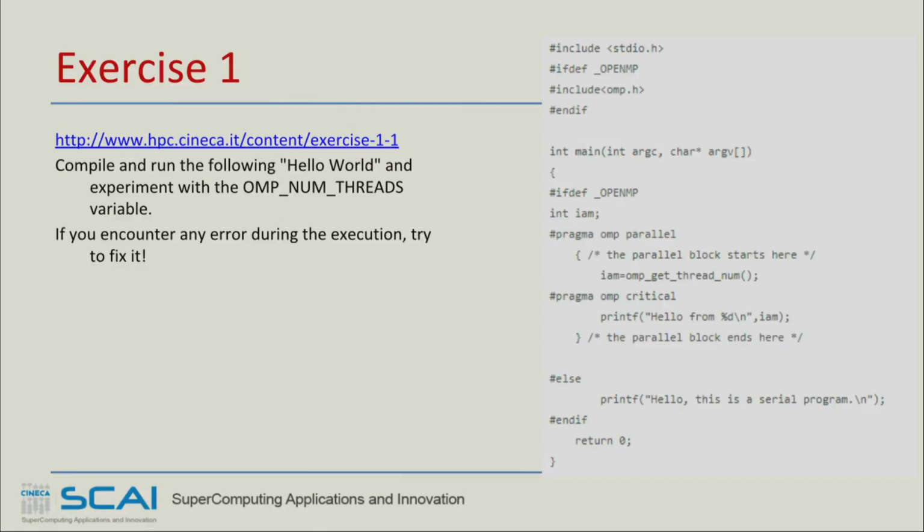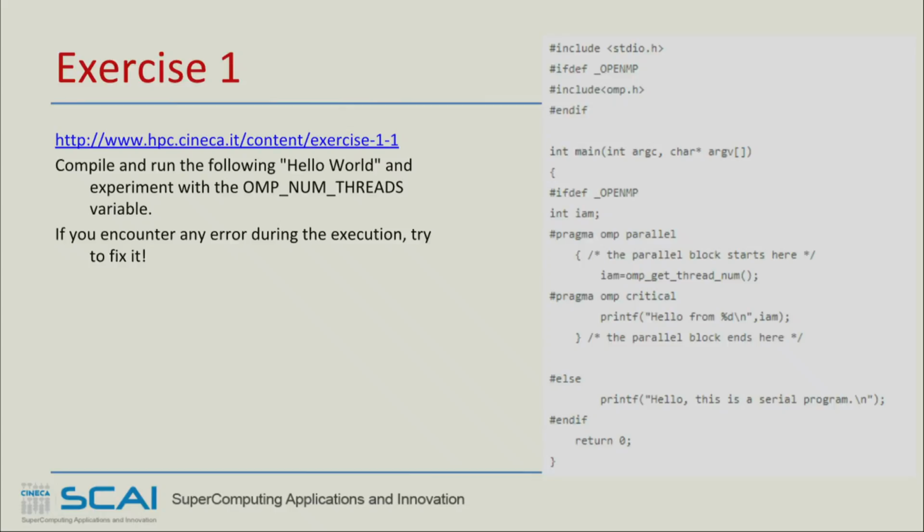Okay, why does that happen? You may already know that the problem is that in this region, the variable IM is a shared variable because it is defined here, and I didn't put anything to specify the scope of this variable, so by default it is shared.